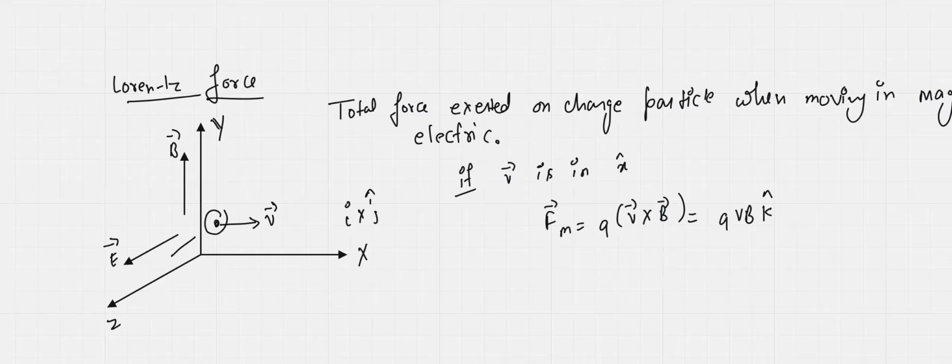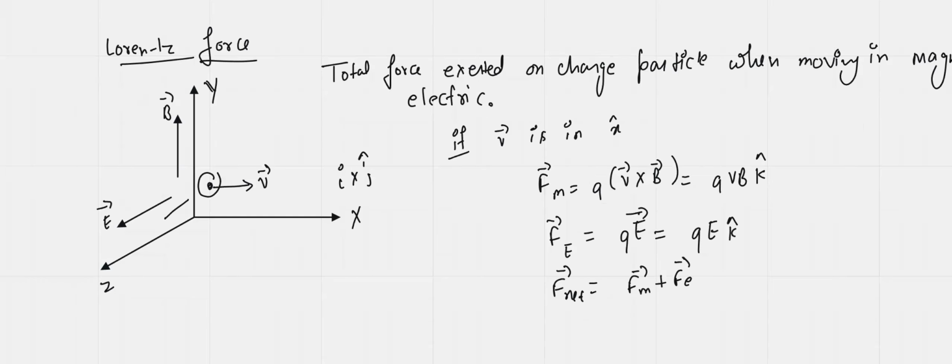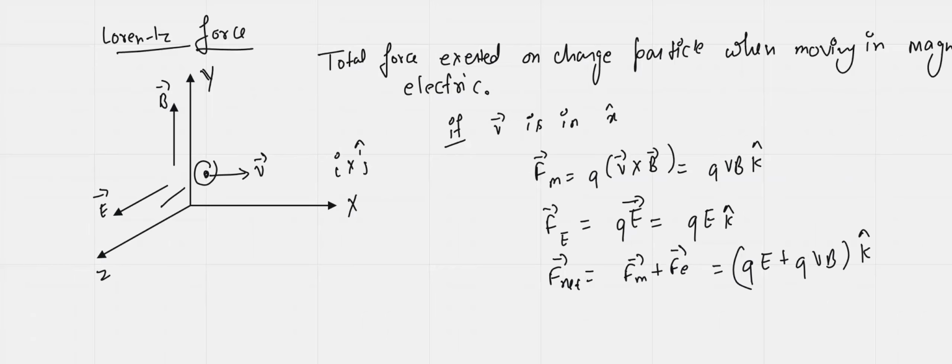So in this case, your net force comes out as Fm plus Fe, which equals QE plus QVB times k. Also, if you want to rewrite the same thing, Q is already common, so it is Q times E plus VB, times k.